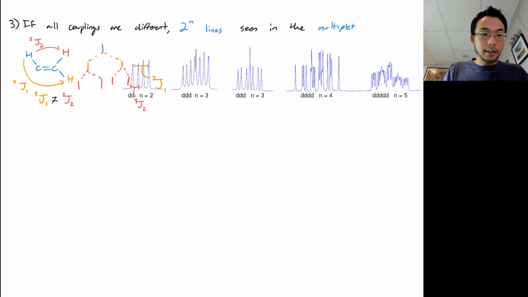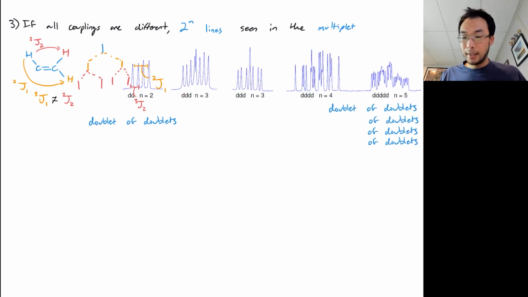Because of the way that this splitting is happening, we call this pattern a doublet of doublets, abbreviated DD. What's being shown to the right here are just more complex situations of doublet of doublets, etc. At the very right, we have 5 Ds there, so that's a doublet of doublets of doublets of doublets of doublets.